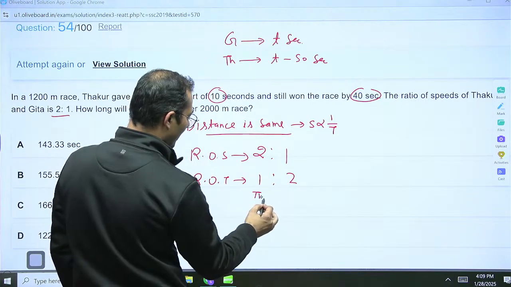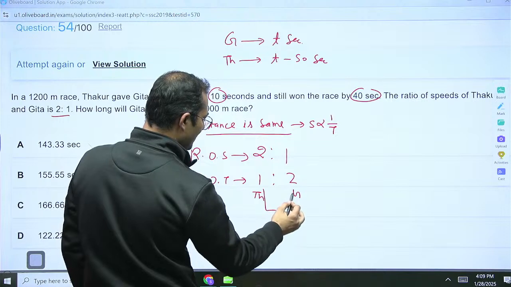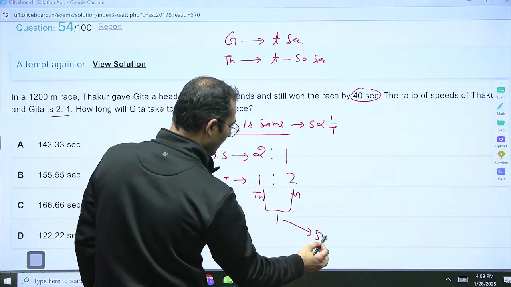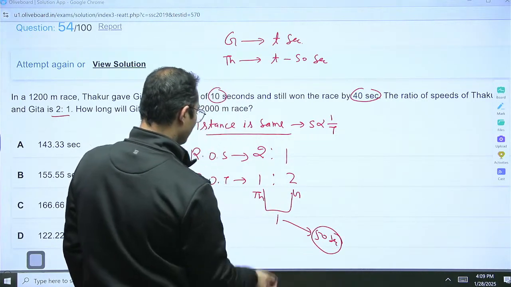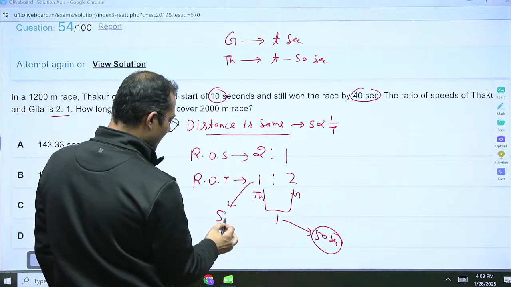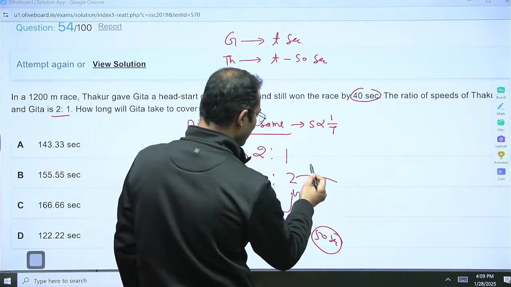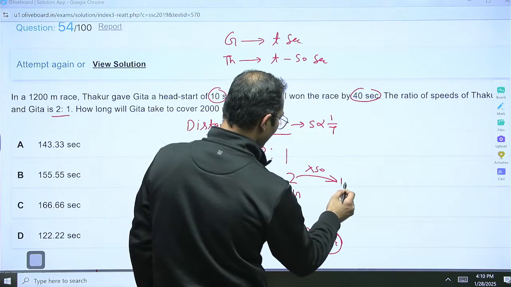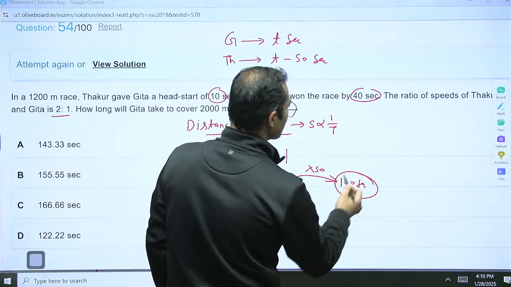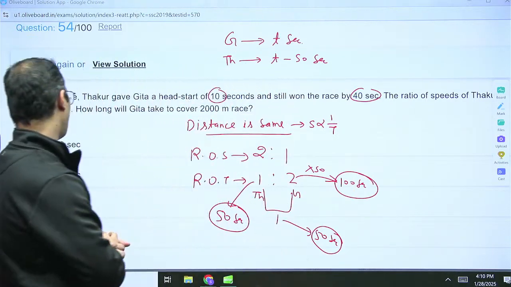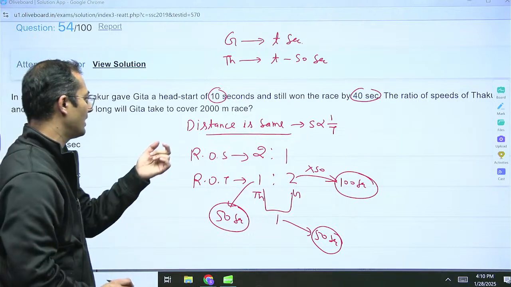This is Thakur's time and this is Geeta's time. The difference is 1, and 1 is equal to 50 seconds. It means Thakur takes 50 seconds to complete the race and Geeta takes 50 into 2, 100 seconds.